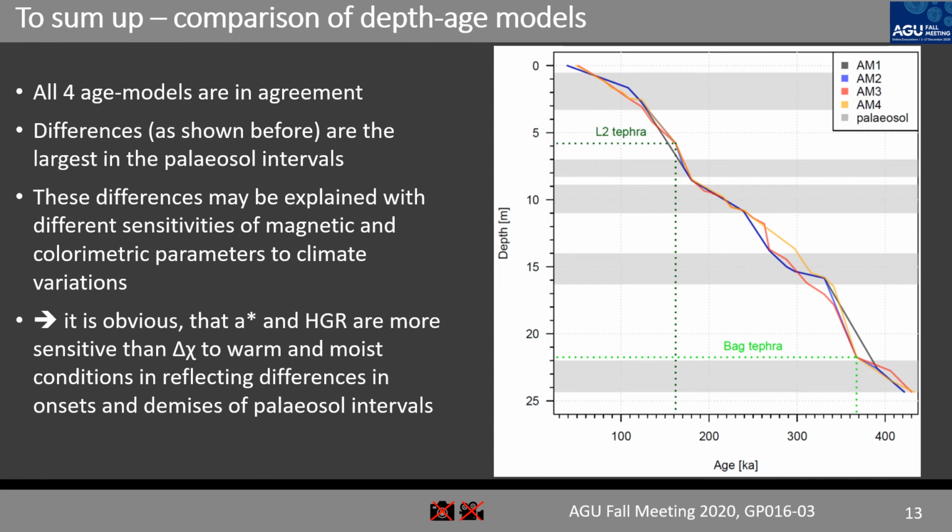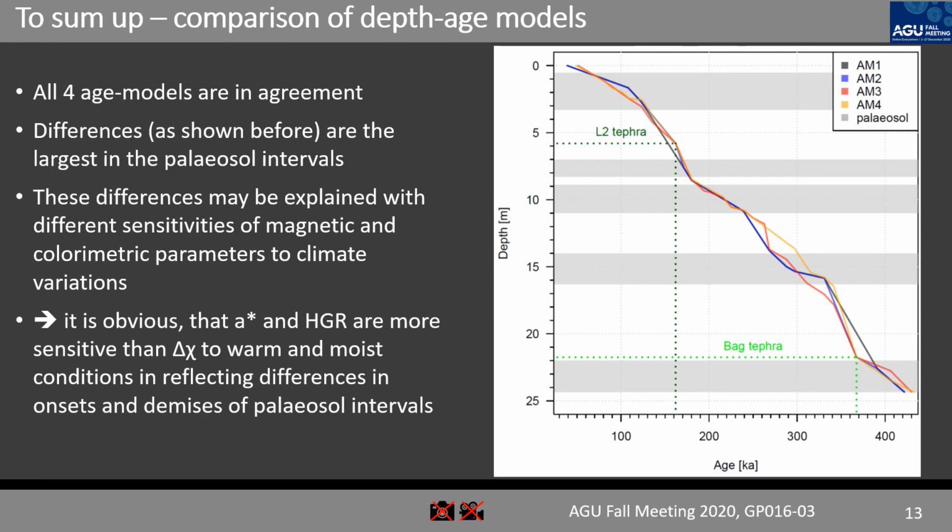Now, to sum up, we compare the different depth age models. What you can see on the right is on the abscissa the age and on the ordinate the depth, also with the two tephra layers indicated. And all four age models are in general agreement, and differences, as I showed you before, are the largest in the paleosol intervals.